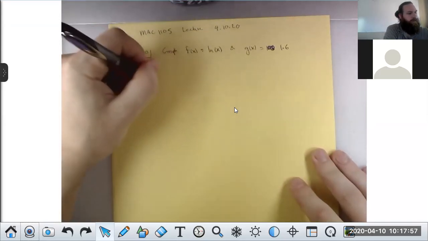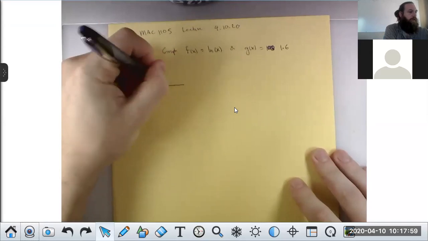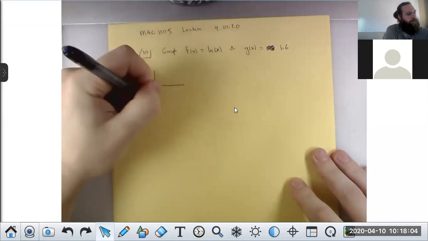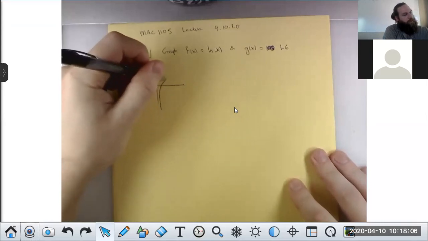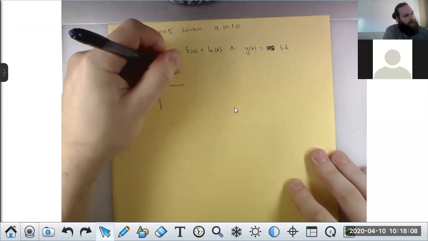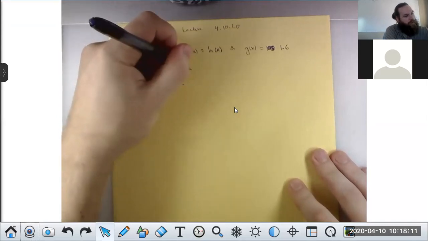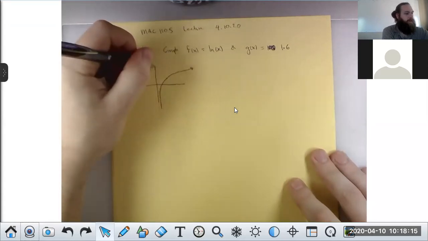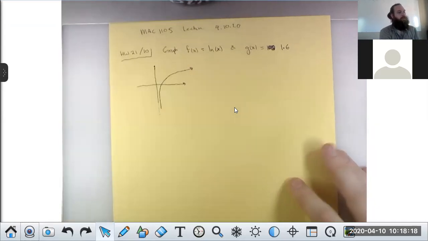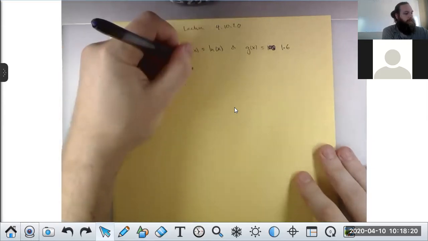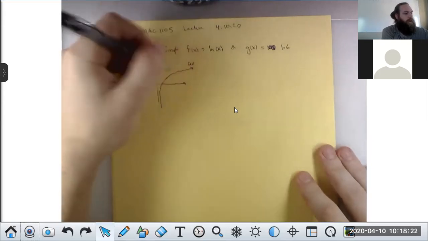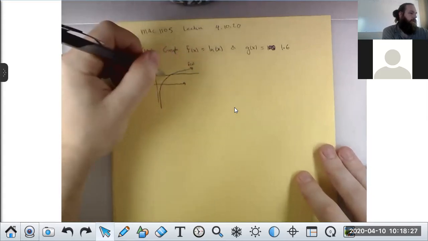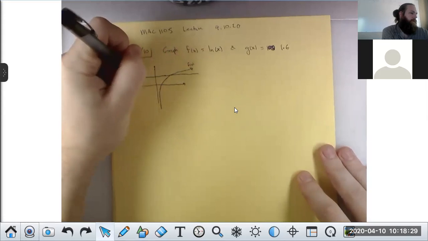The ln of x has a vertical asymptote, x equals 0, passes through the point (1, 0), and then comes out here like this. And it will go up and up and up forever, but it does it very, very slowly. Much more slow growing than any other function. So this is f. And then the other graph, g of x equals 1.6, it looks something like this.